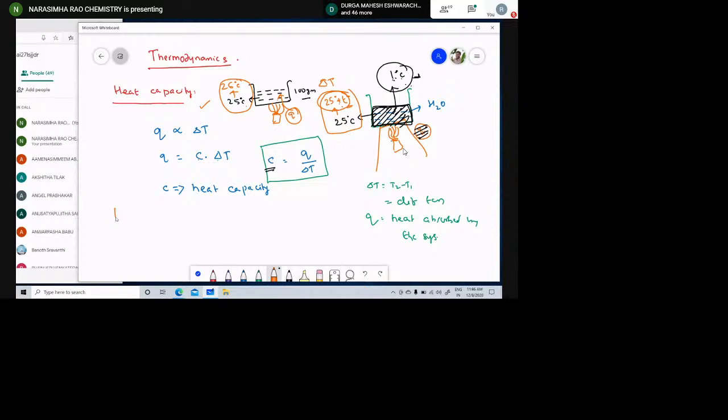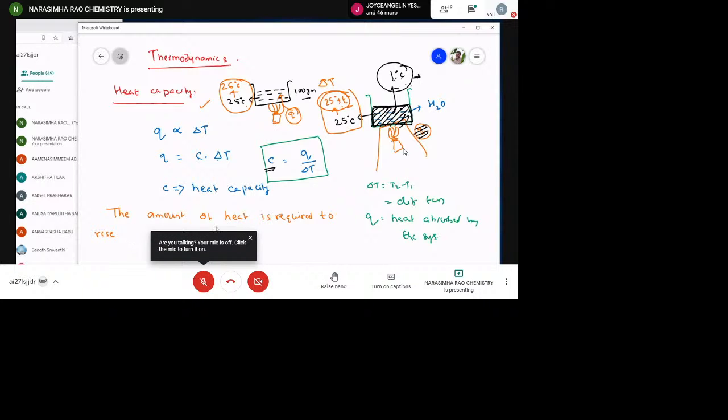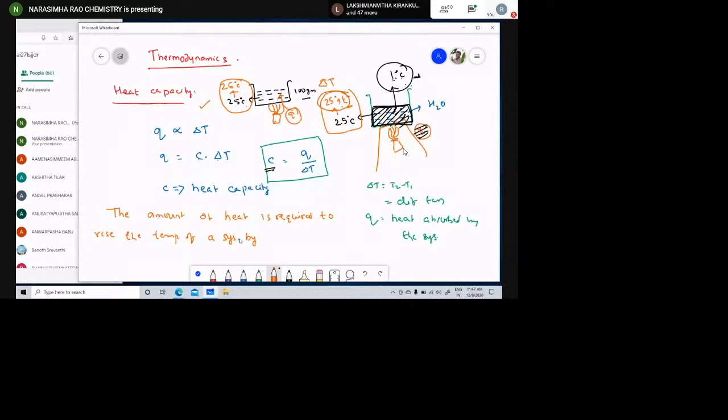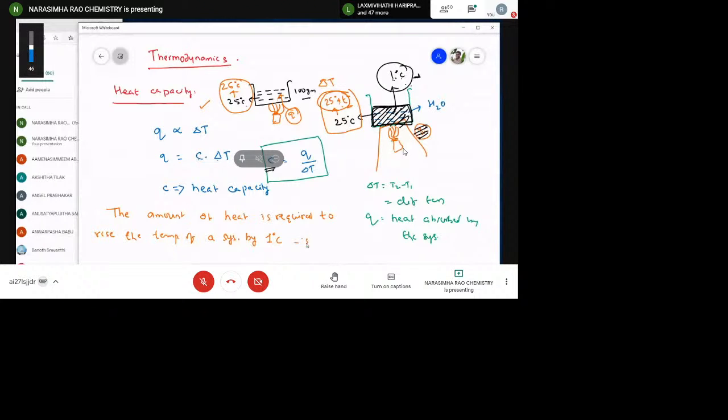Write down: the amount of heat required to raise the temperature of a system or body by 1 degree C is called heat capacity.